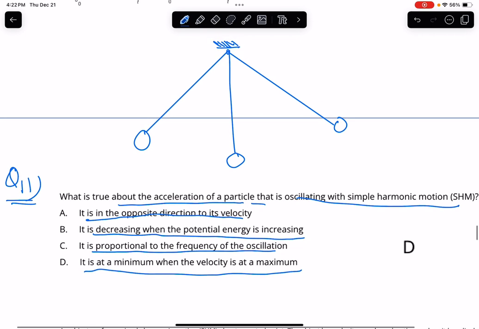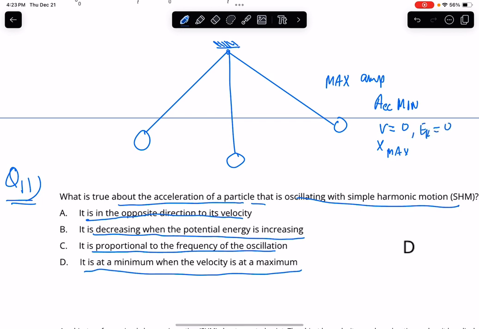Once again, we saw in SHM, in this pendulum motion, that at your max amplitude the acceleration is at your minimum, the velocity is 0, and the displacement is at a maximum. If the velocity is 0, then kinetic energy is 0. And at our maximum amplitude, you get a max height, so the gravitational potential energy is maximum.